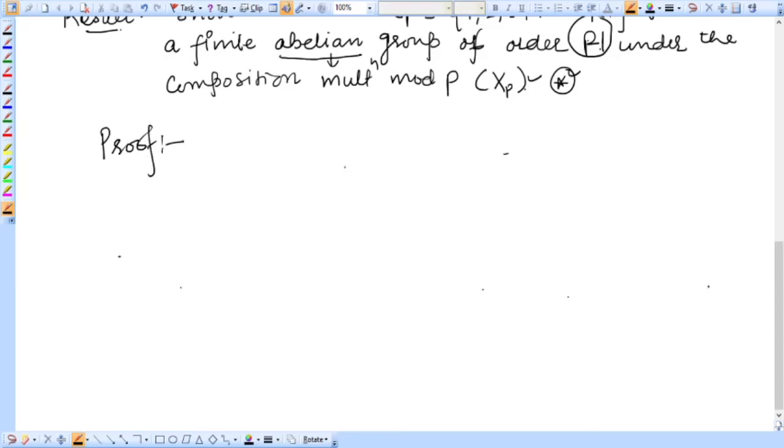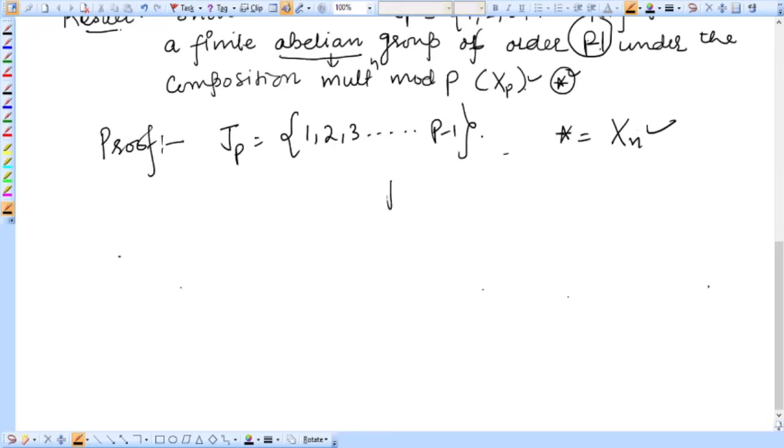Here Jp is equal to 1 2 3 up to p minus 1, right? And the operation is multiplication modulo p. I'm sorry, I just wrote it mistakenly as n. Also p is prime here, right?